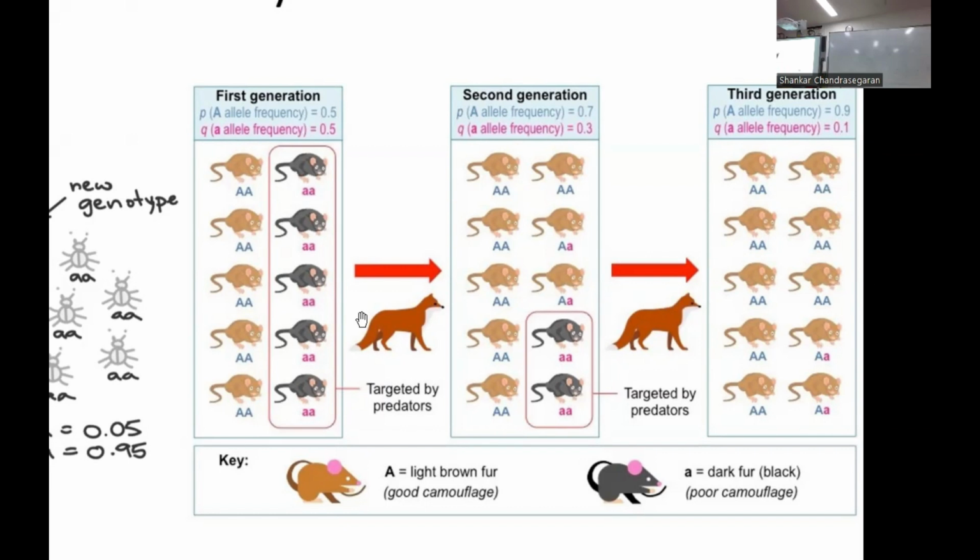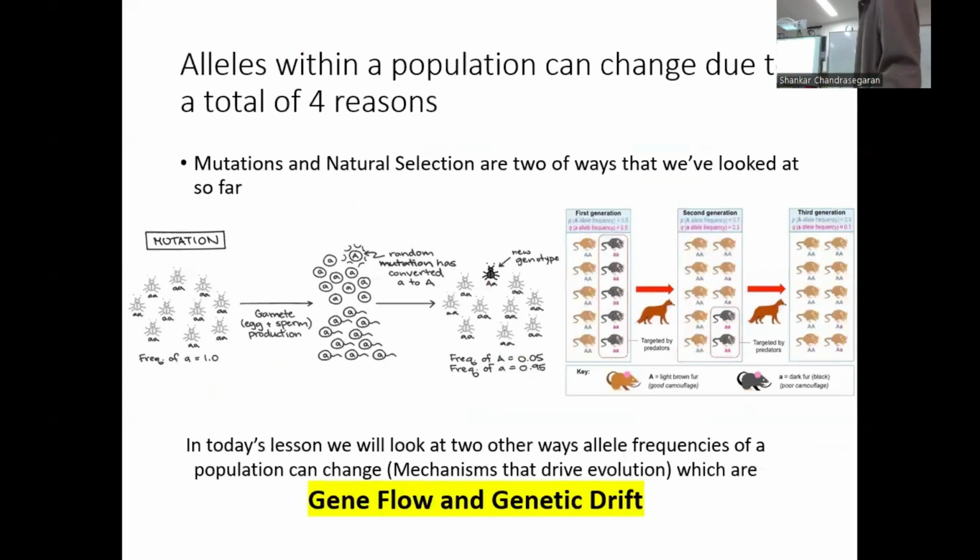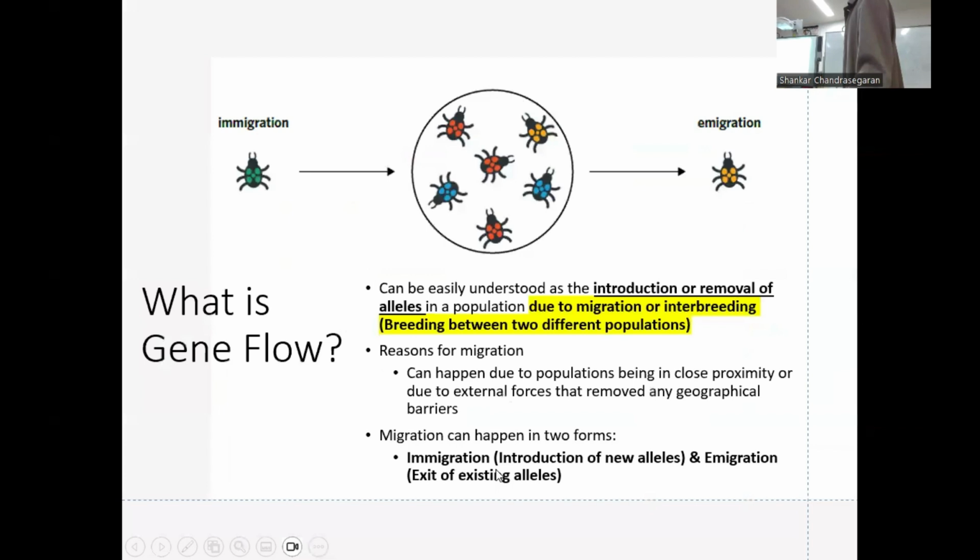The dominant allele increases in frequency over the generations due to being selected for, and over time that changes the allele frequency of the entire population. So those are the two we've looked at in the previous lessons. Today we're looking at the two other ways allele frequencies change, which drive evolution: gene flow and genetic drift.